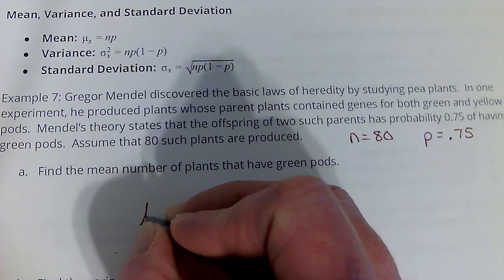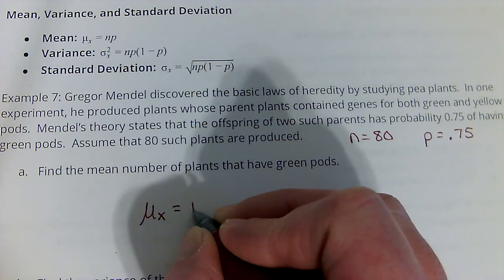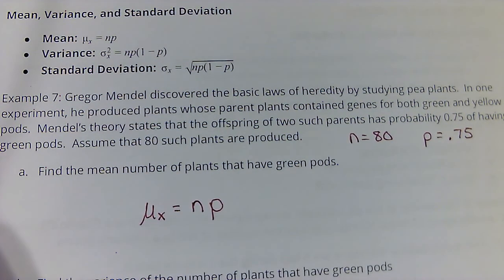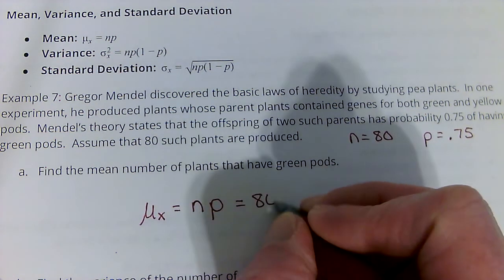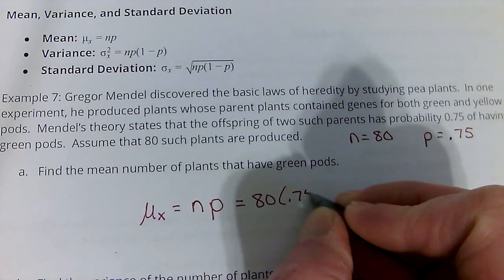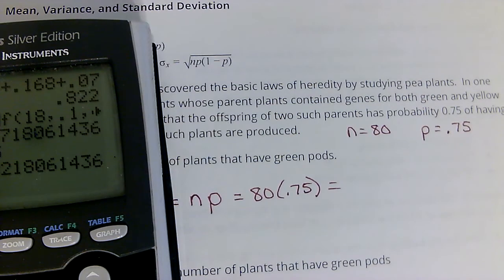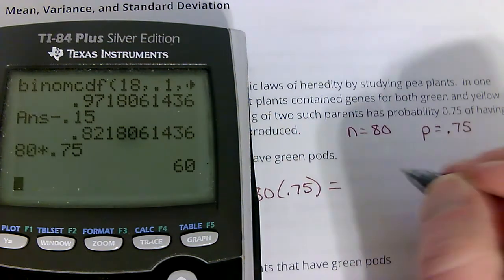The mean. The formula says we're just going to take the number total possible times that probability. Oh my gosh. 80 times 0.75.